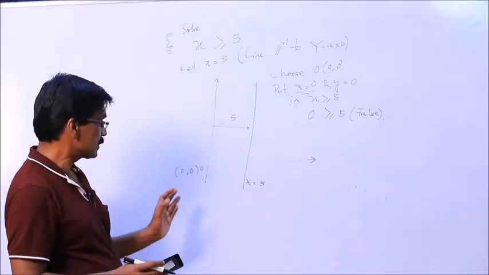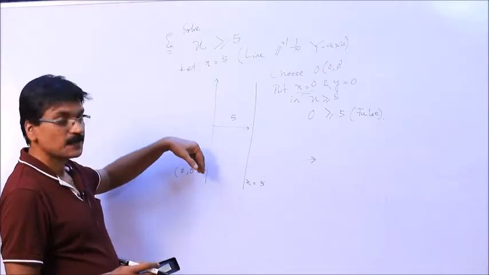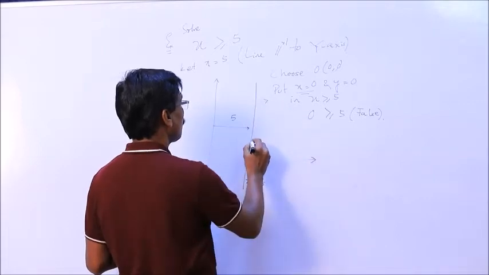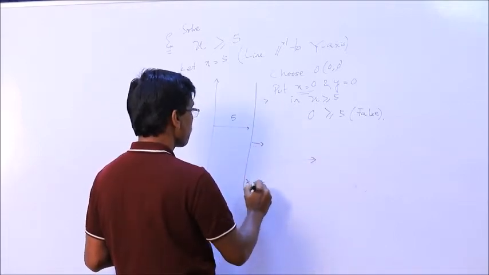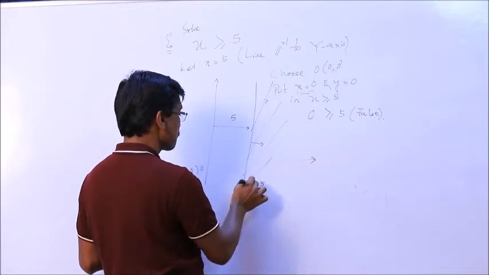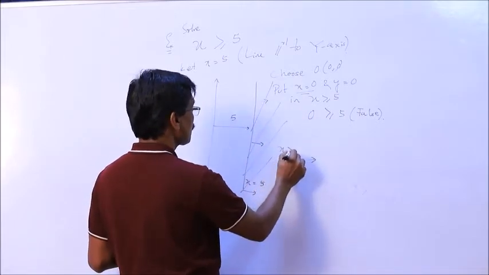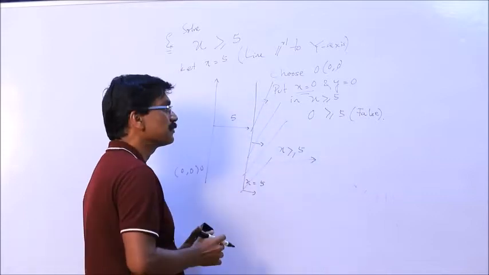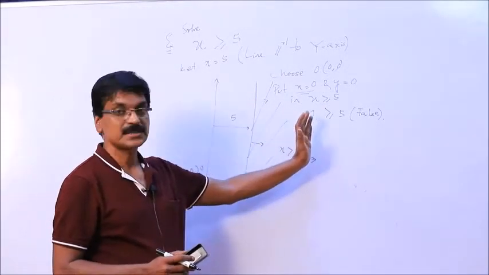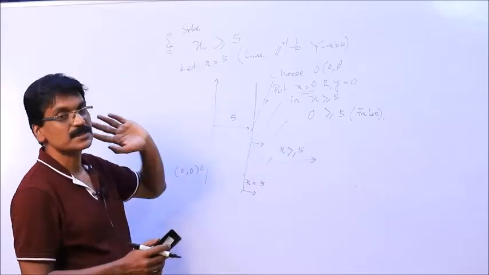False means the region is away from the origin, and we can shade this region. So, that is x greater than or equal to 5. On the line it is equal to, one side is greater than and obviously the other side is less than.